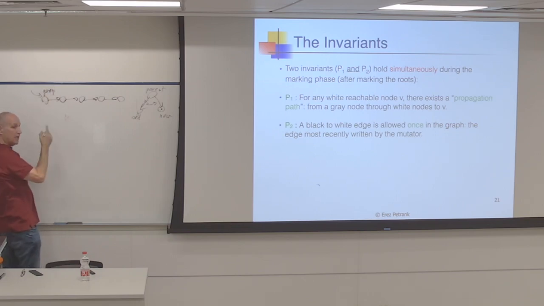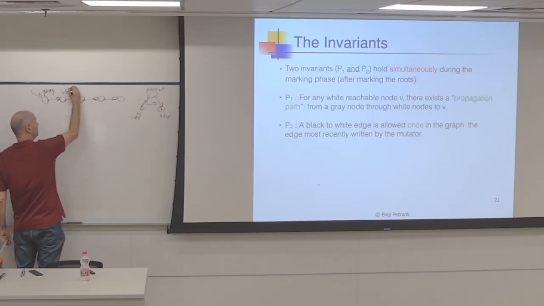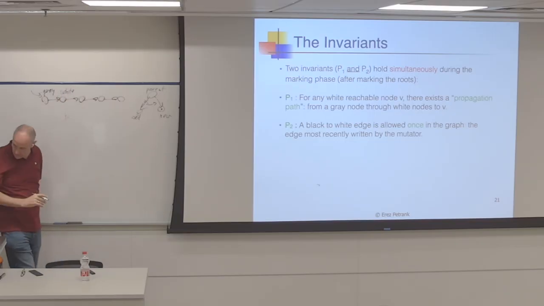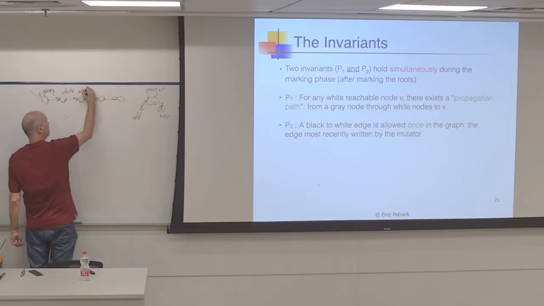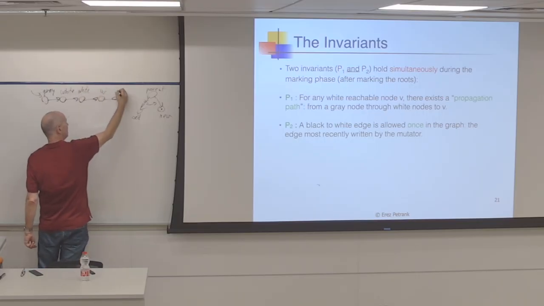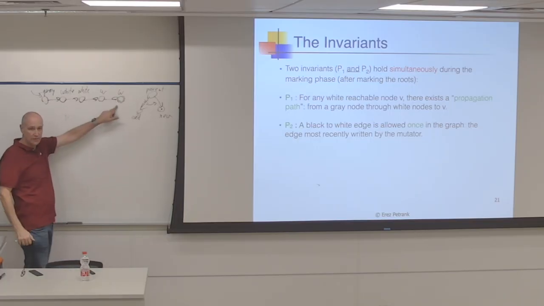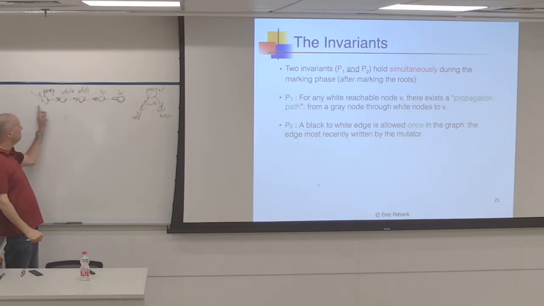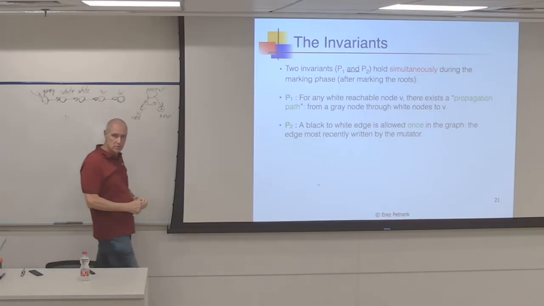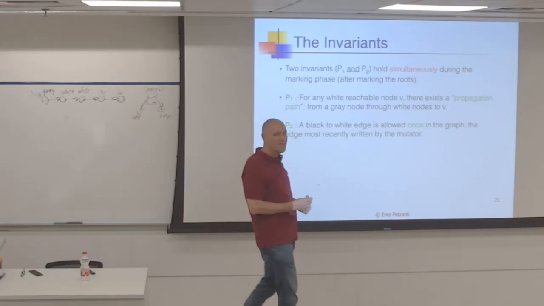And we say there is a gray node in the beginning, and then only white nodes until this white reachable node. So for each white reachable node, there is a propagation path that starts with the gray node, continues in white nodes, and reaches it.